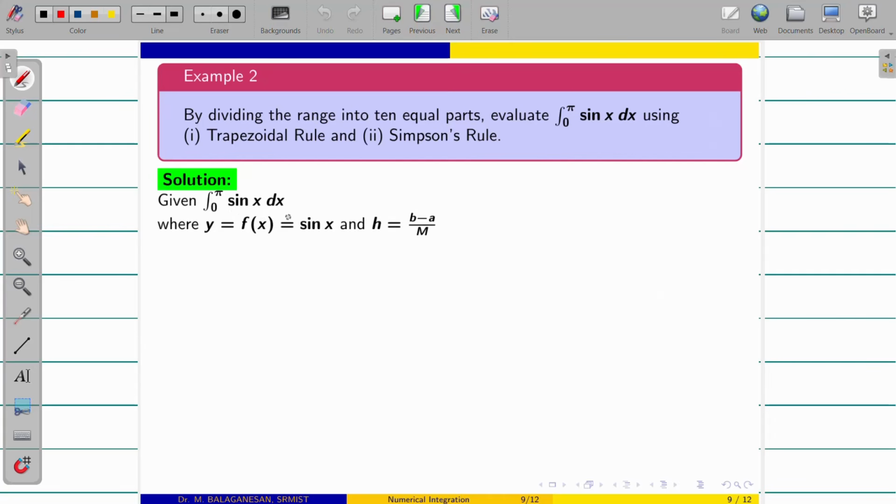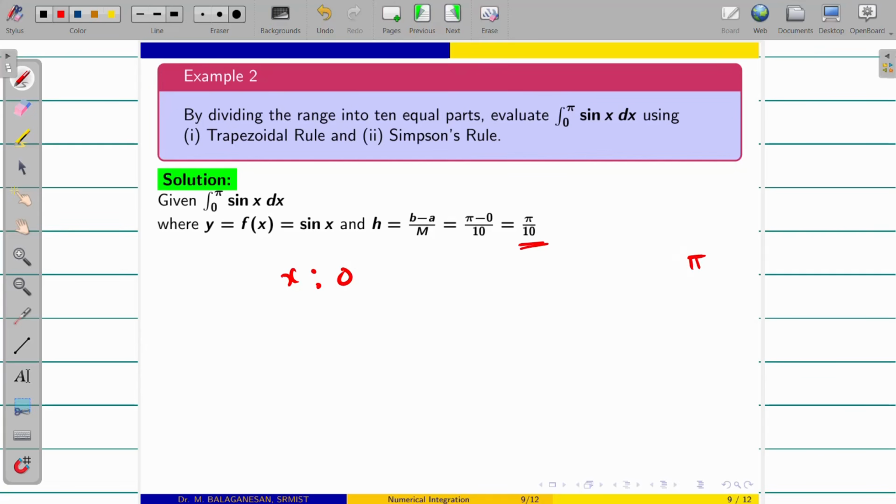Integral 0 to pi of sin x dx, where y equals f of x, that is, f of x is sin x. And h is equal to, because we have to find the value of h, they didn't give it, but they have given the clue: we have to divide the range into 10 equal subintervals. So pi by 10 will be the value of h. So what I have to do now is start my x value from 0 to pi.